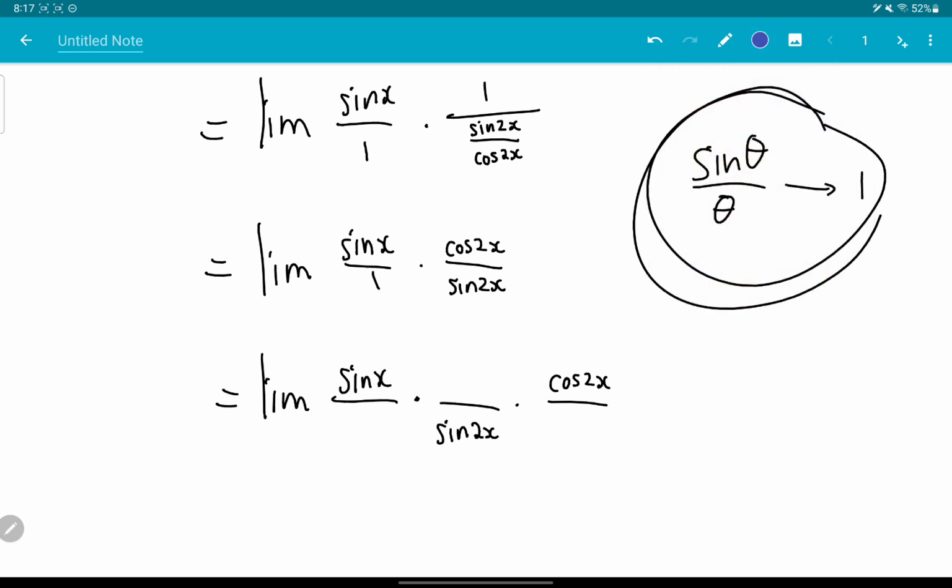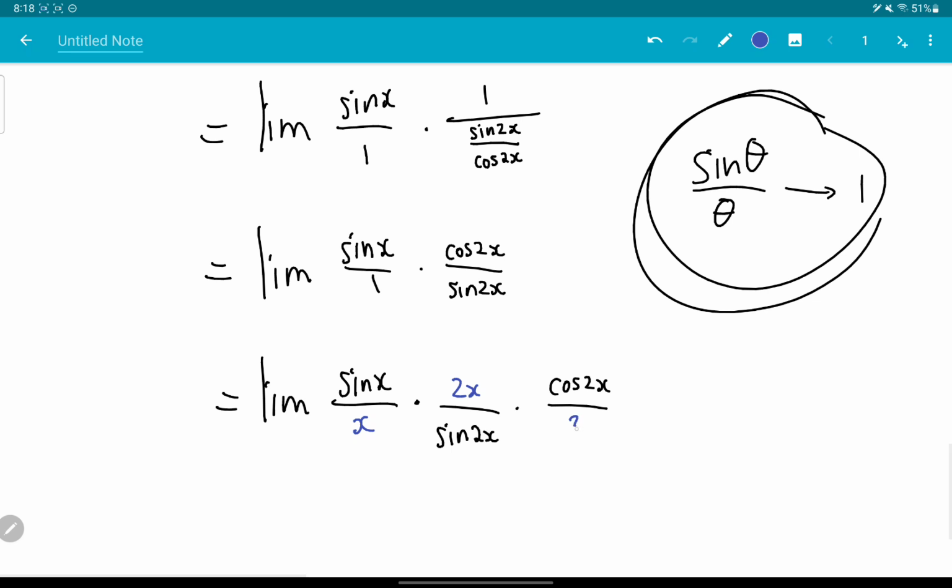Let's go in blue here. So what do I want? Well, here I want to have sine x over x, right? And here I want to have sine 2x over 2x, because again, I want it to be the same number here as I have here. Now, what do I need to put here to make this equal sign make sense?